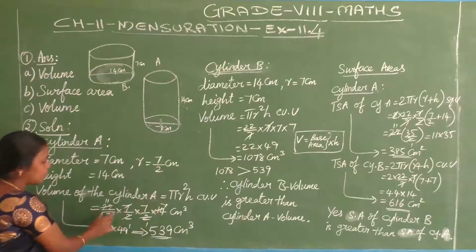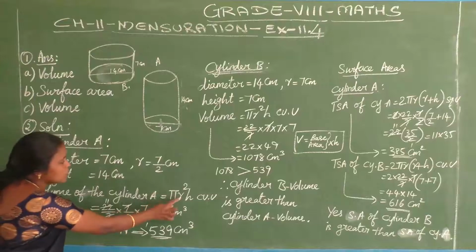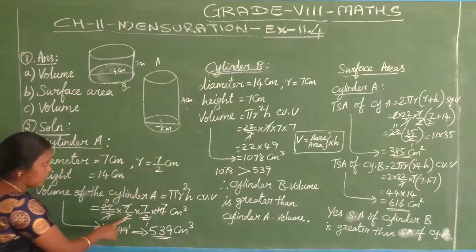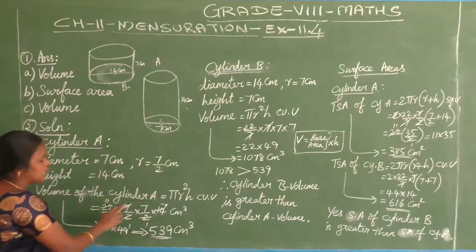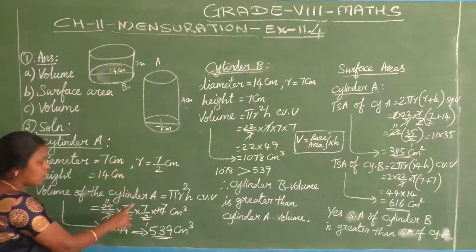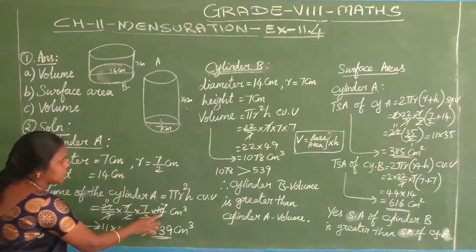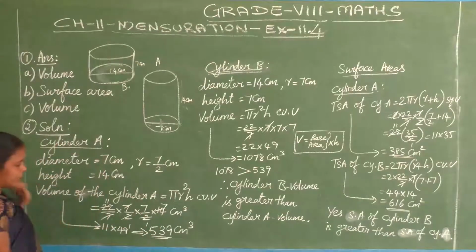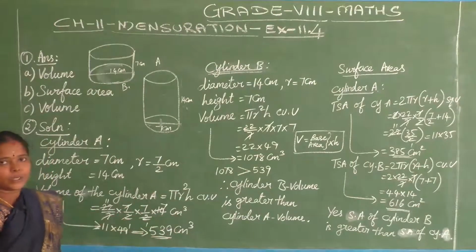Pi value 22 by 7, into r square, r into r only. R value what we have considered just now? 7 by 2. So 7 by 2 into 7 by 2, into h. H value what? 14 centimeter. So pi r square h cubic units. Understood?